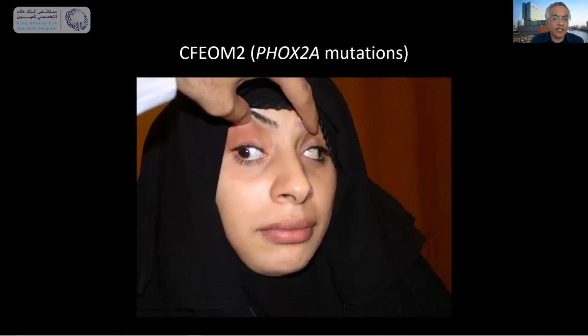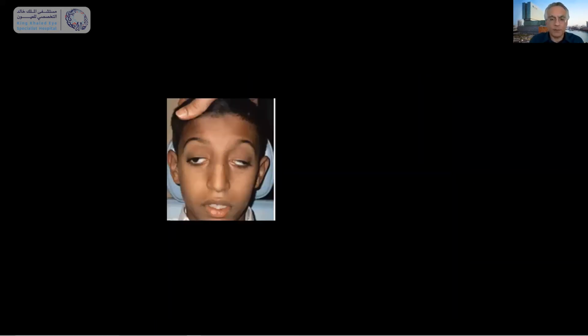It's the CFEOM3 phenotype from FOXA2 mutation. FOXA2 is a transcription factor that is exquisitely responsible for formation of the third and fourth cranial nerves. When there are FOXA2 mutations, it's a recessive disease, and you get this characteristic phenotype. These children are sometimes diagnosed as bilateral third nerve palsy.